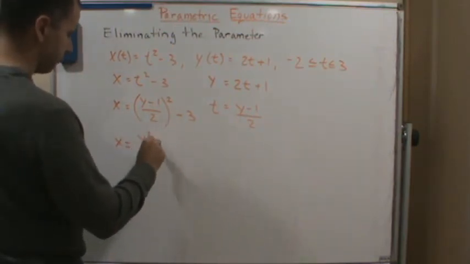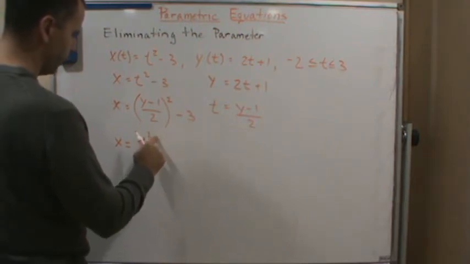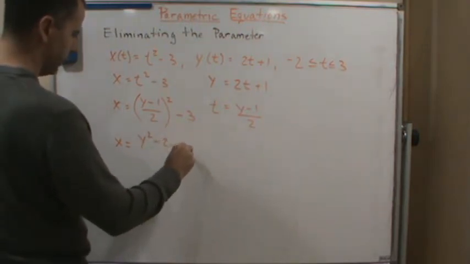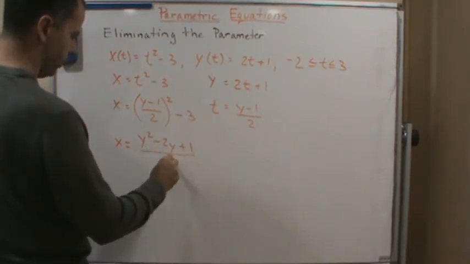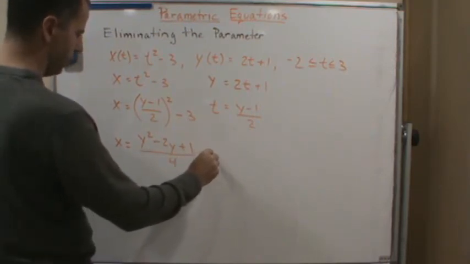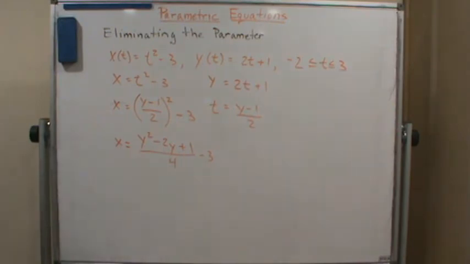I get x equals y squared minus 2y plus 1 over 4 minus 3.